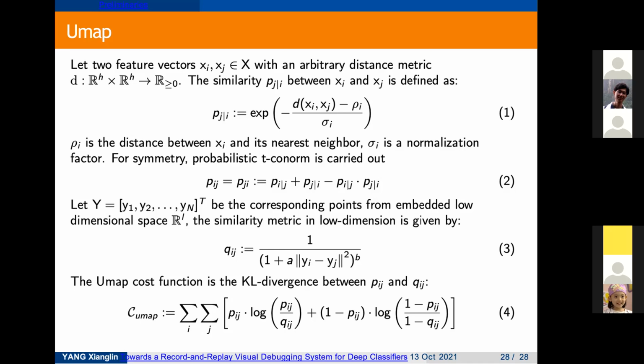The rationale of the first part is that they try to make similar points as close as possible. And for the second part, they want to make sure any points that are far away should still be far away in low dimensional space.